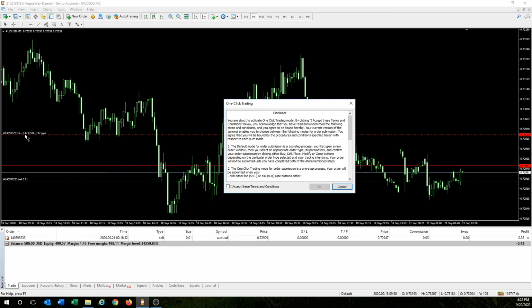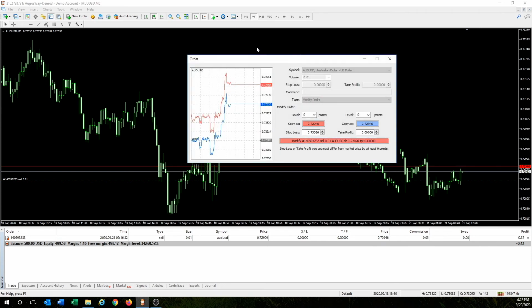So I'm going to just let go. If you get this one-click trading, I want you to just hit cancel here, because if I selected one-click trading, it wouldn't give me the second pop-up. So I'm just going to hit cancel here.